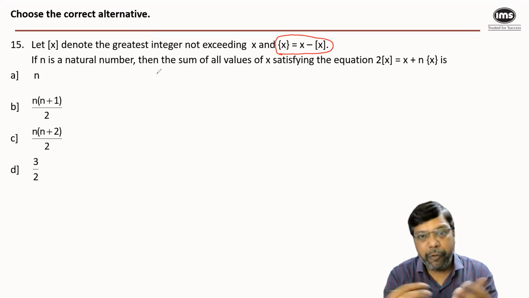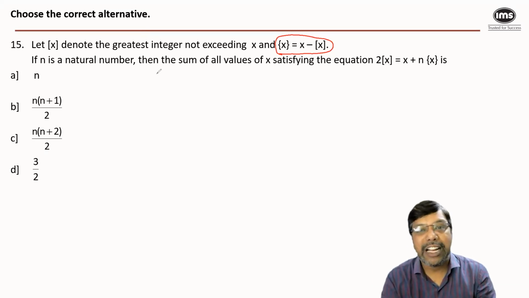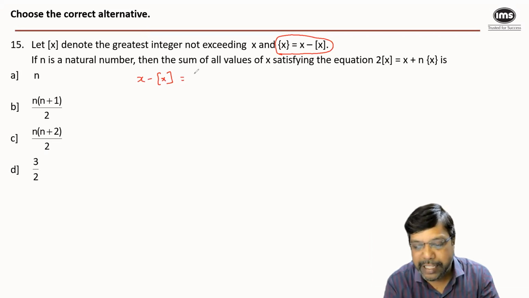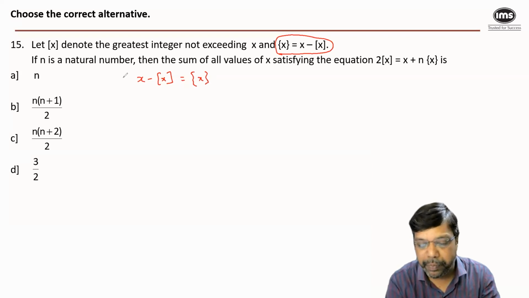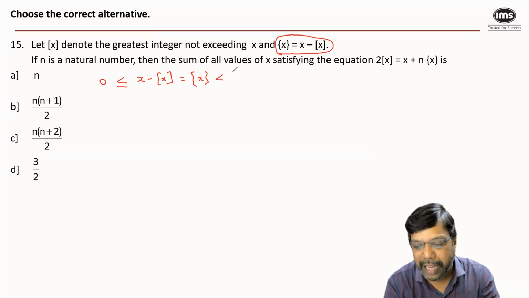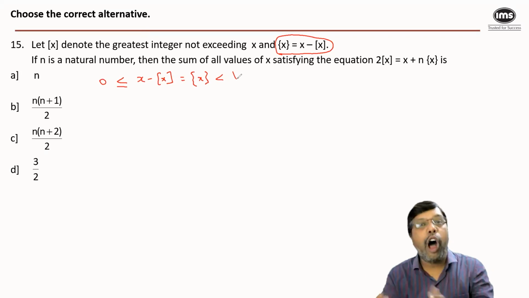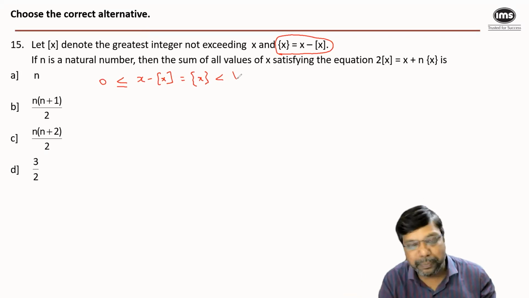Now, if you understand the concept of the greatest integer function, you know that x minus greatest integer x, which is the fractional value of x, starts from 0 and is less than 1. It will be either 0 or a value less than 1.